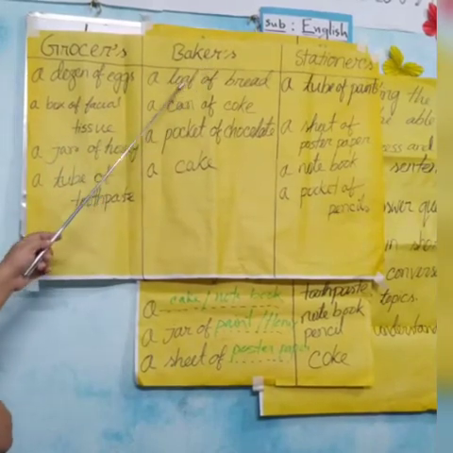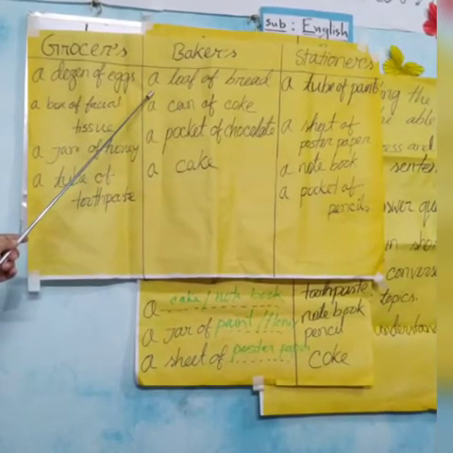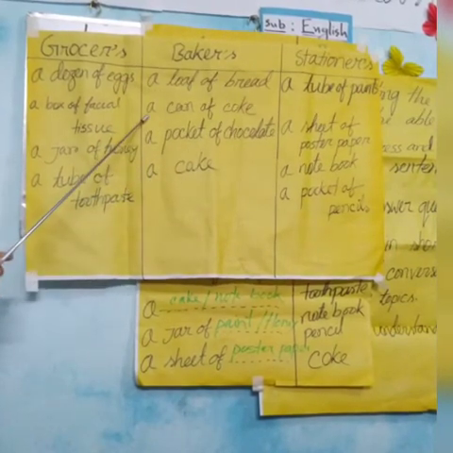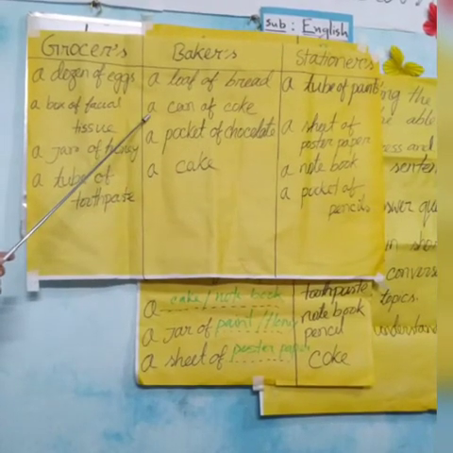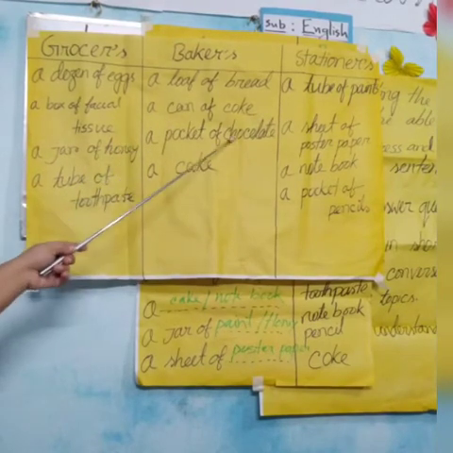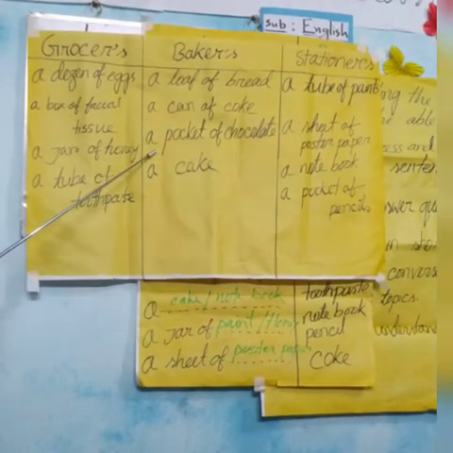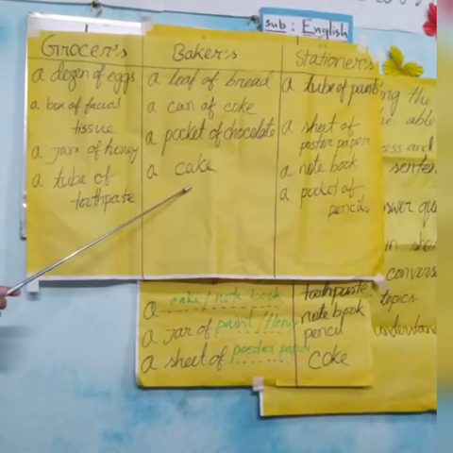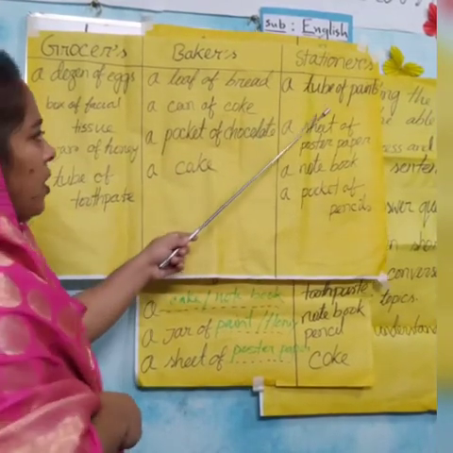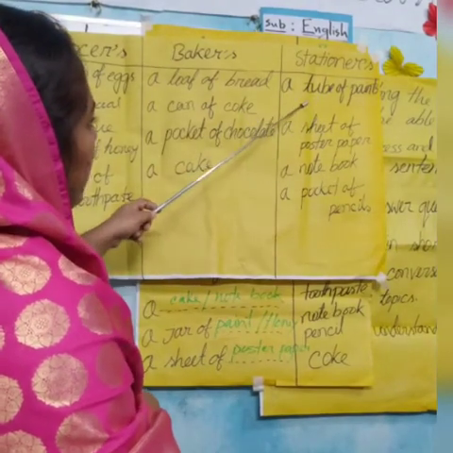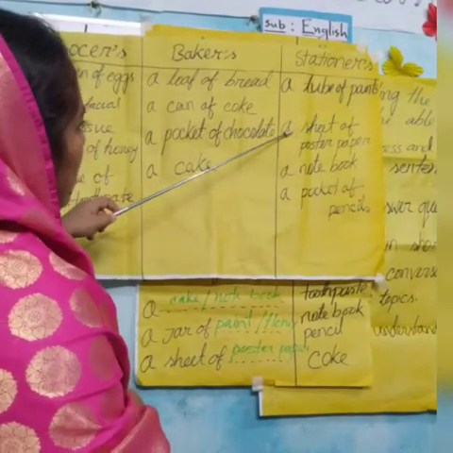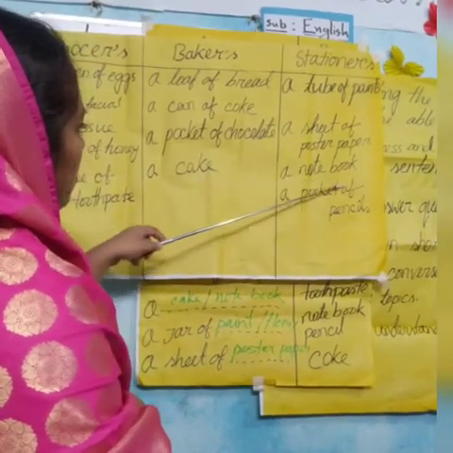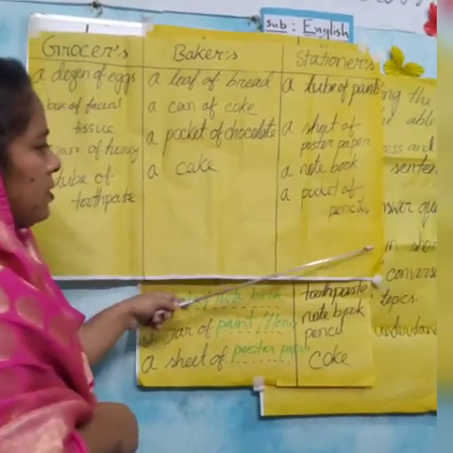In baker shops we have found a loaf of bread, a can of Coke, a packet of chocolate, a cake. In stationery shops we can find a tube of paints, a sheet of poster paper, a notebook, a packet of pencils.